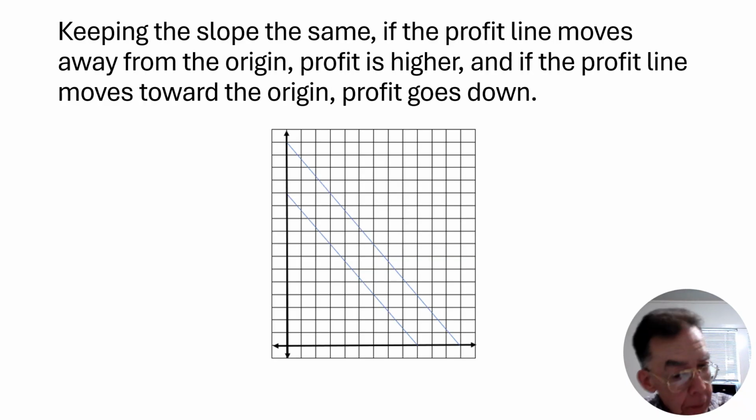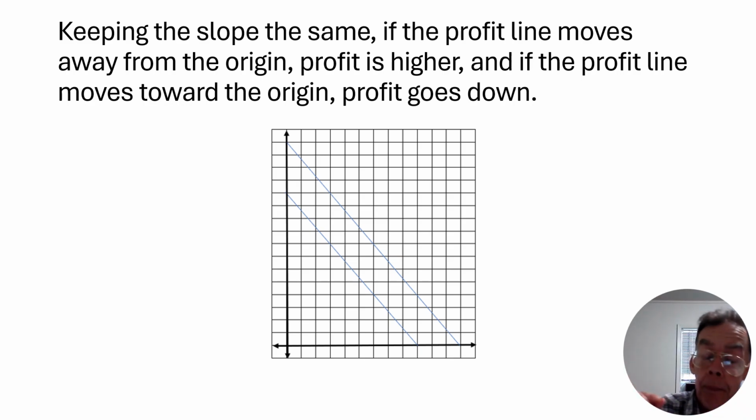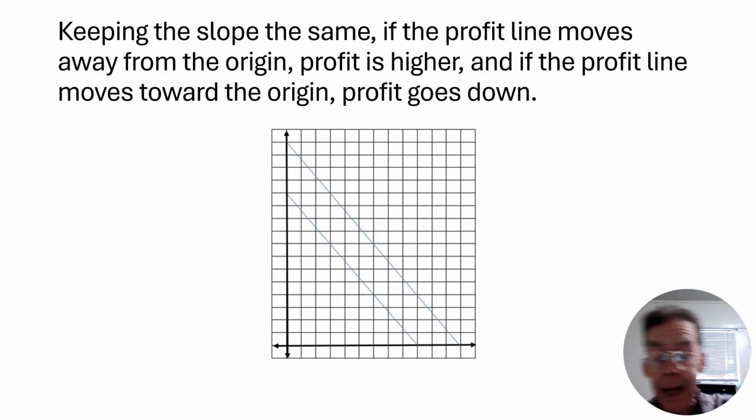Now, we're going to move that profit line around, but we're going to keep the same slope. So the constant here is that the slope of this profit line is always going to be negative 4/3. And now we're going to move it back and forth, but notice as we move it back and forth, the slope is staying the same. As we move this profit line further from the origin, it means more profit.